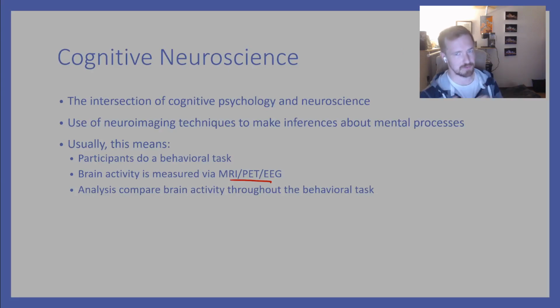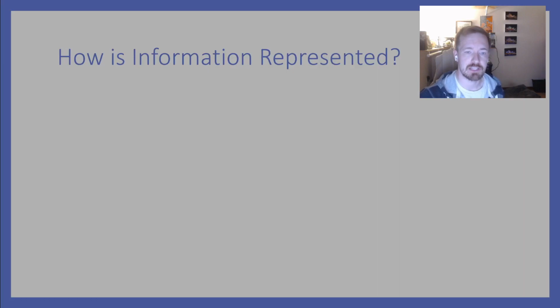That's a really short, simplified way of discussing it. We'll talk in more detail about what that means, but that's the simple idea: you have people either look at something or do something or hear something while they're in a scanner having their brain scanned, and then we draw conclusions about what areas of the brain do what after looking at that activity.